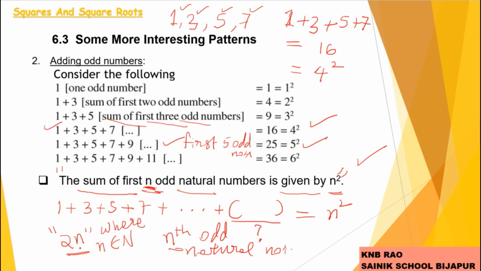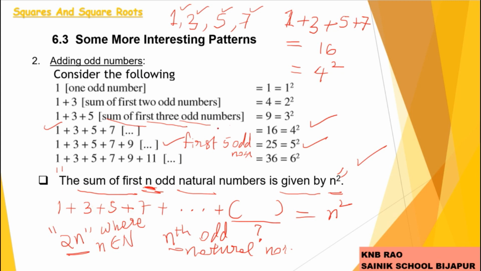Now, interestingly, 1 less than that even number gives us an odd number. 2n minus 1 gives 1 when n is 1, 3 when n is 2, 5 when n is 3.